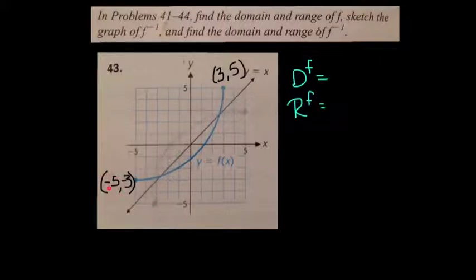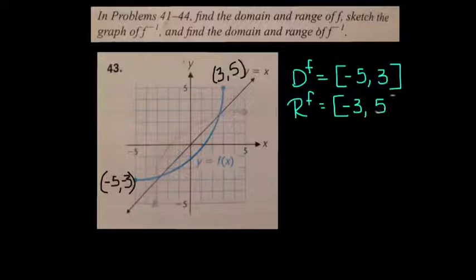The domain starts at negative 5 and goes to positive 3, so the domain goes from negative 5 to 3. The range includes the y-coordinates, which go from negative 3 to positive 5, so the range here will be from negative 3 to 5.